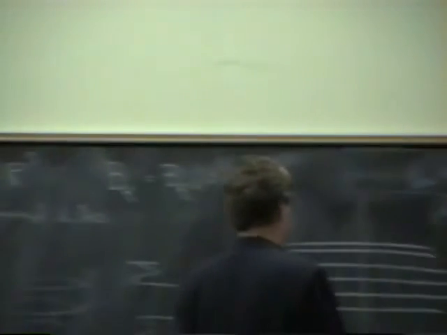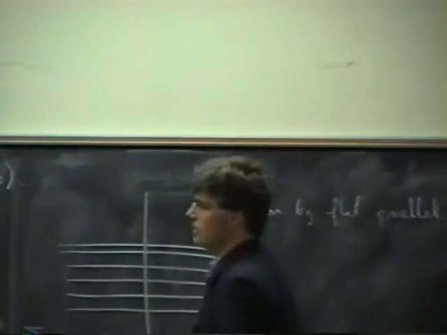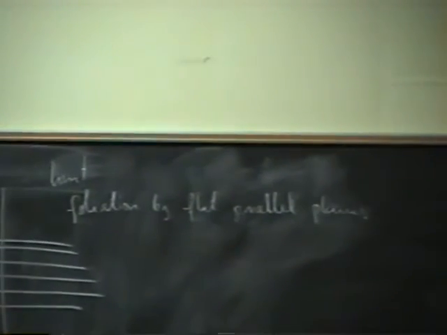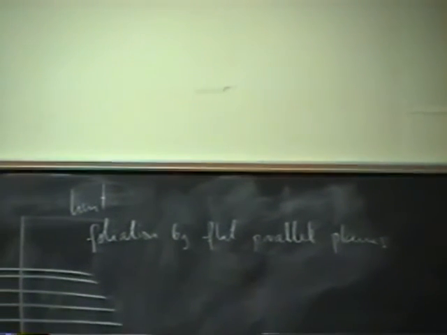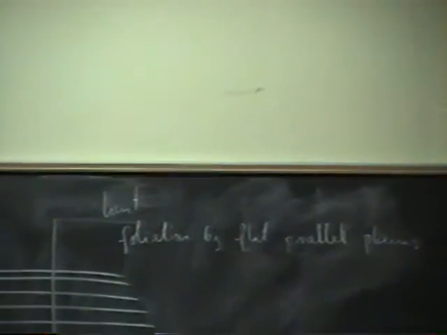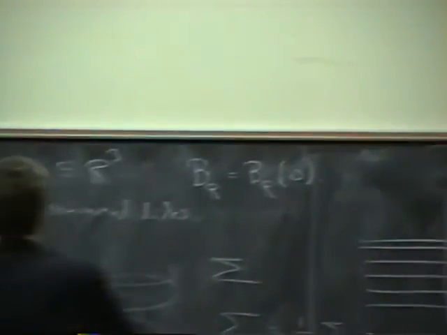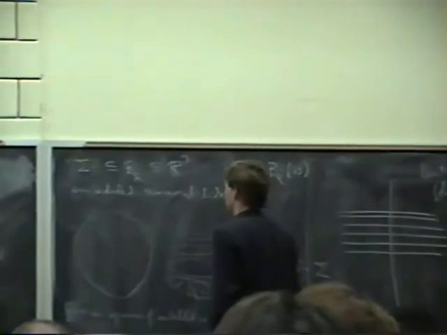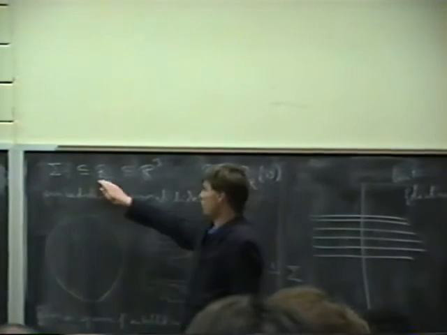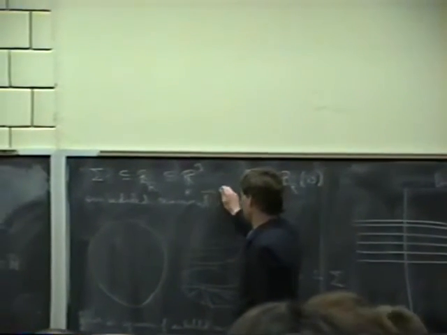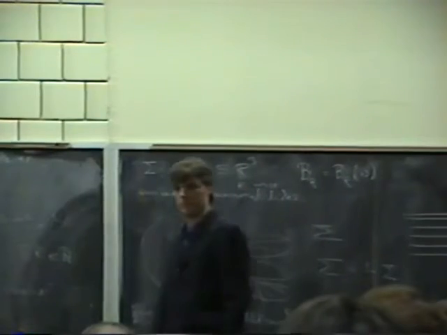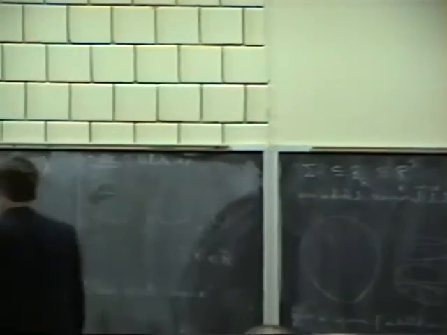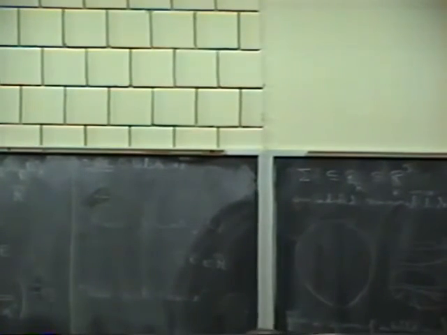So now, what I mean by modeling is that if you have a sequence of embedded minimal disks in R^3, and let's just say, for simplicity, that these are embedded in balls where the radius of the ball goes to infinity, then we get the same picture.